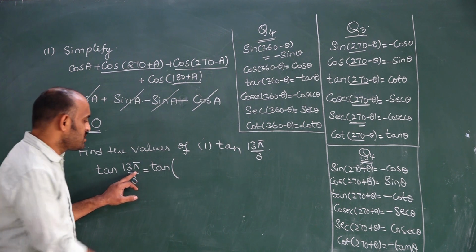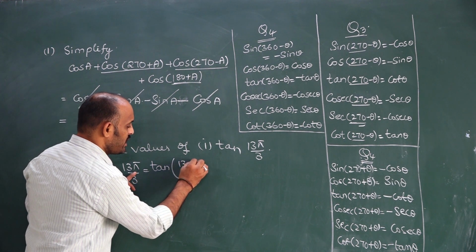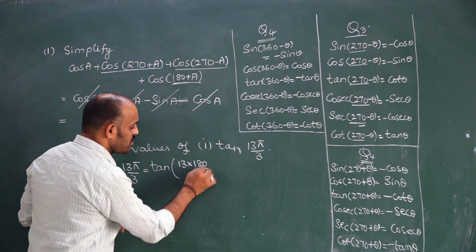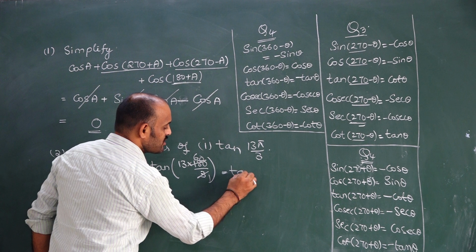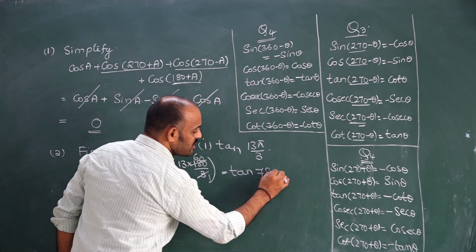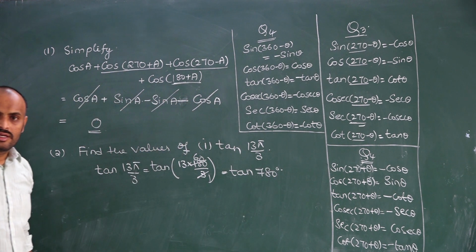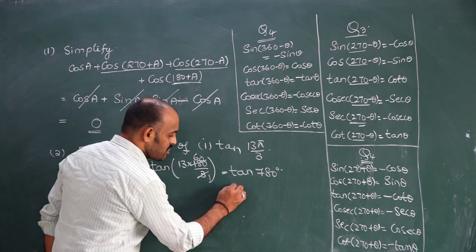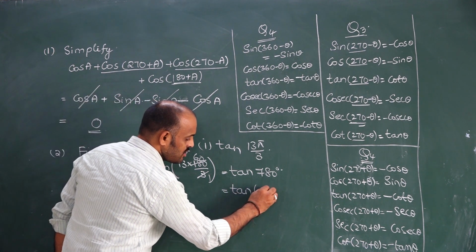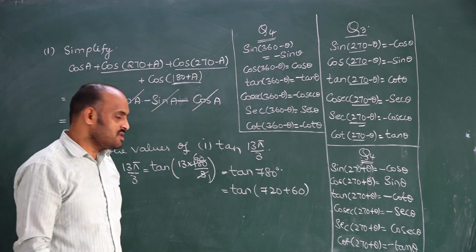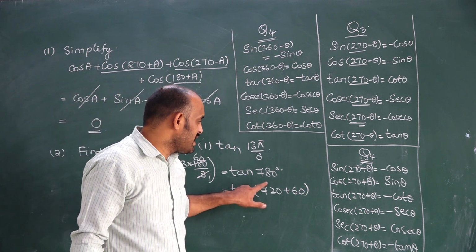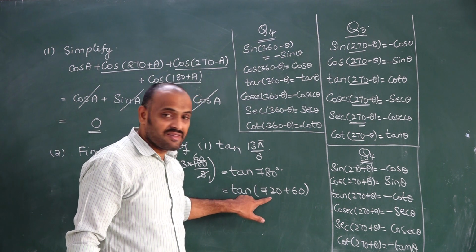Converting into degrees, pi is 180, so 13 pi by 3 is 13 times 60, which is 780 degrees. Tan 780 degrees means tan of 720 plus 60. The reason is the nearest quadrant angle to 780 is 720.